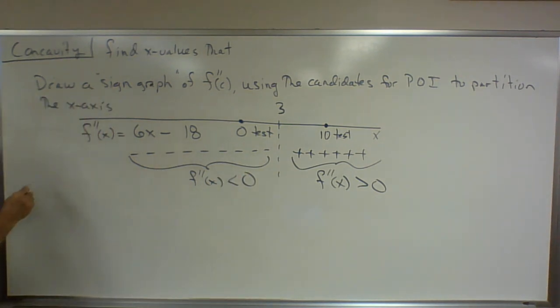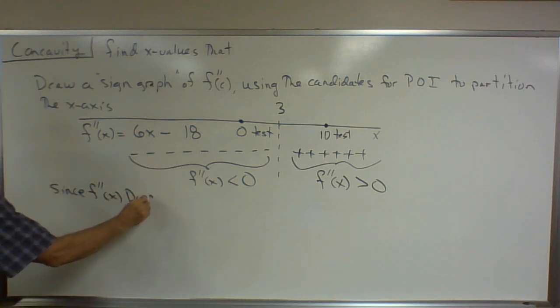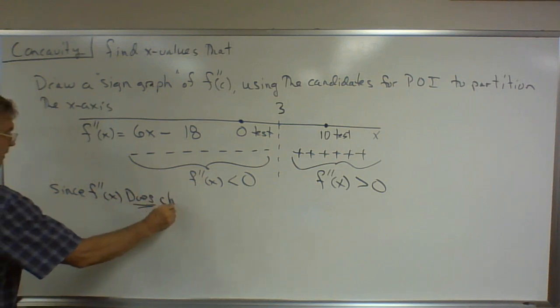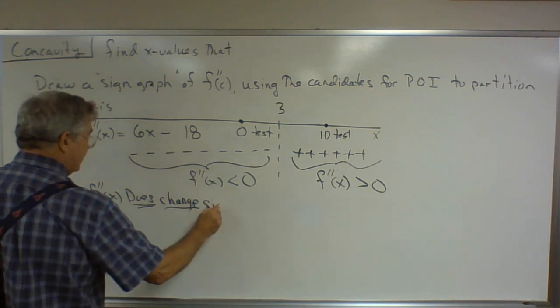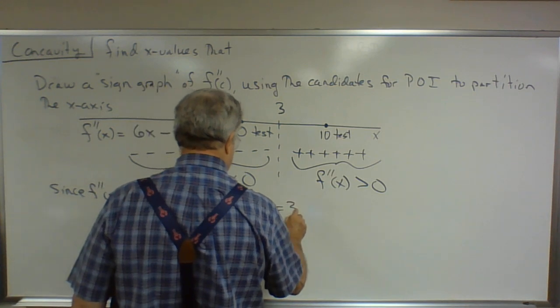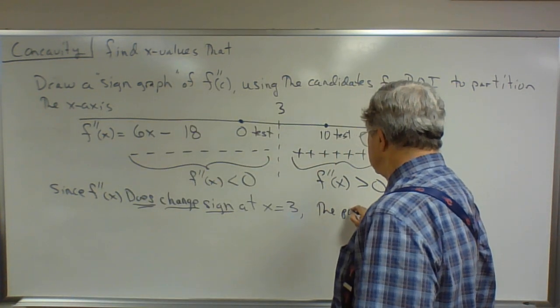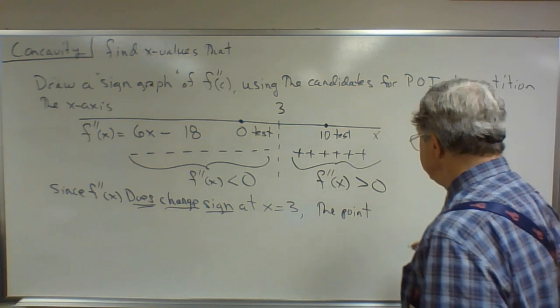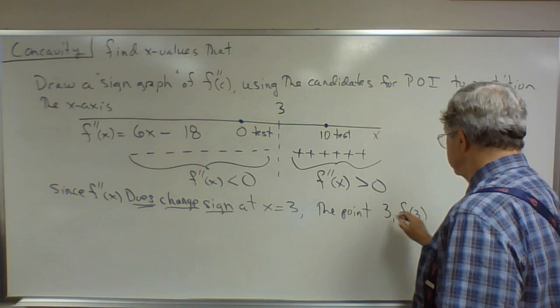So first observation, since the second derivative does change sign at x equals 3, the point (3, f of 3) is a point of inflection.